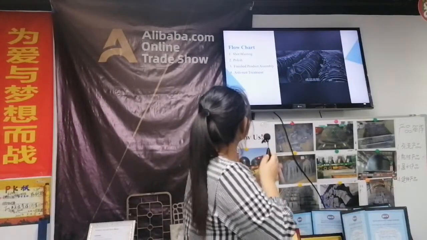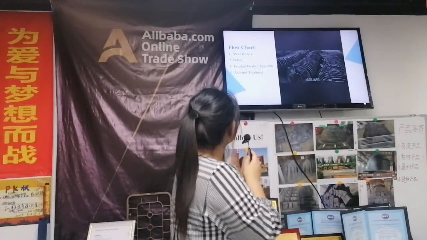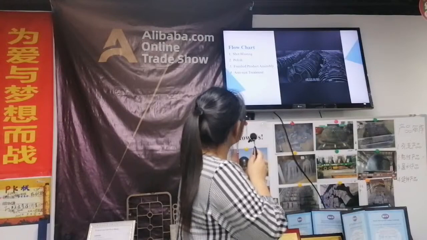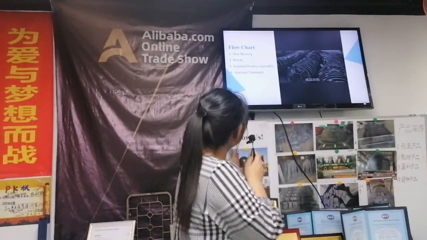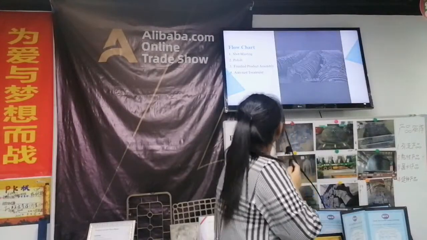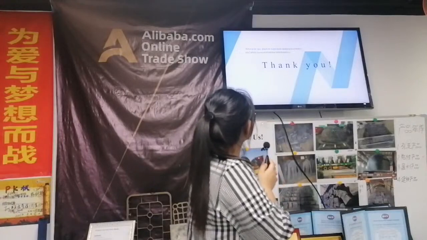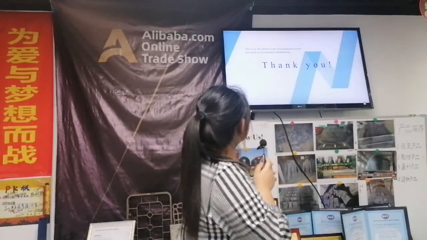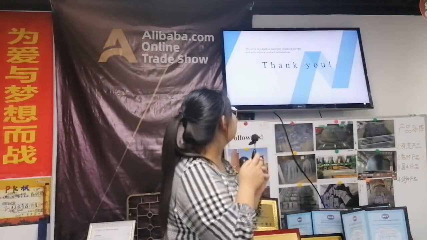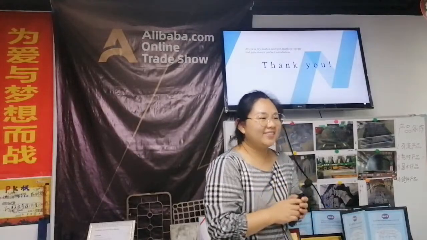The following are shot plating, finished product assembly, and anti-rust treatment. Thank you. Above is my introduction of ductile cast iron manhole covers and grill covers production.